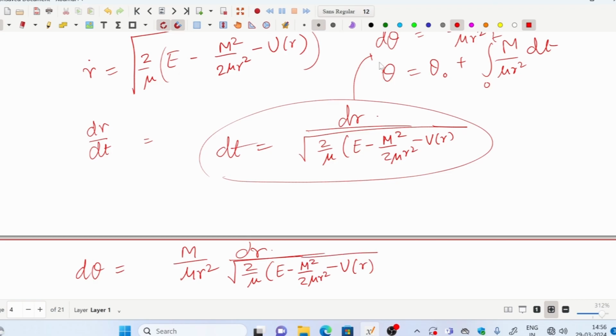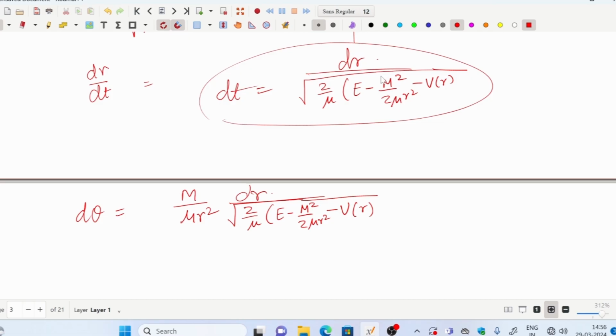Okay, this is your d theta equal to m over mu r square dr, and you can simplify it a little bit.